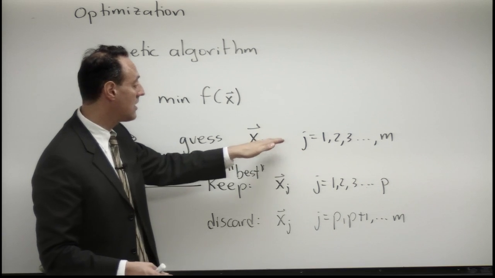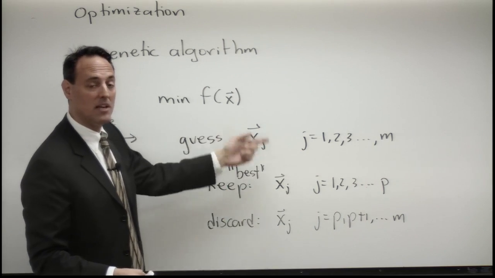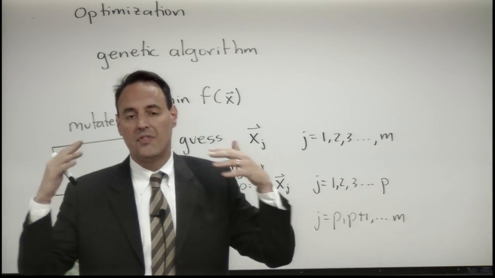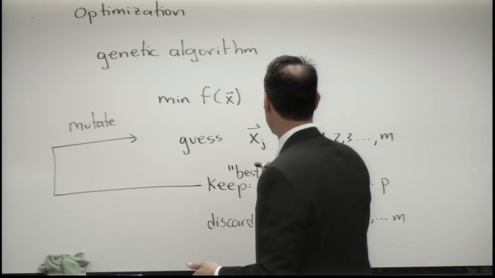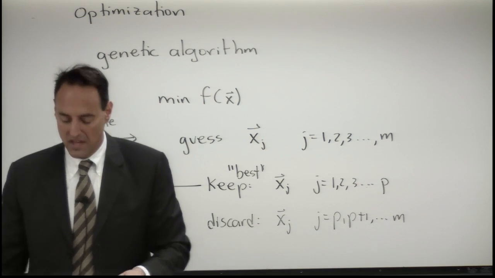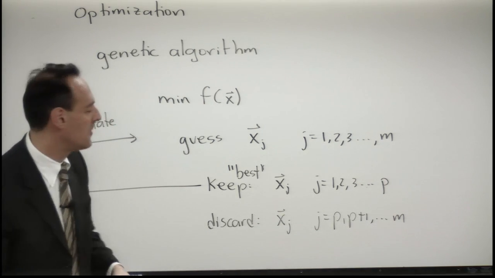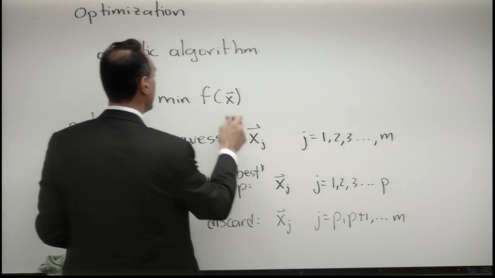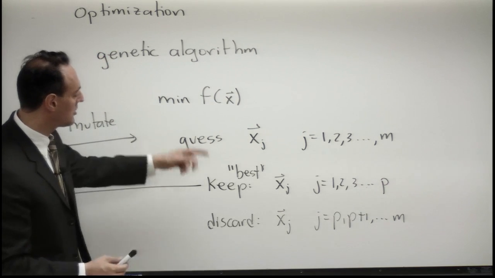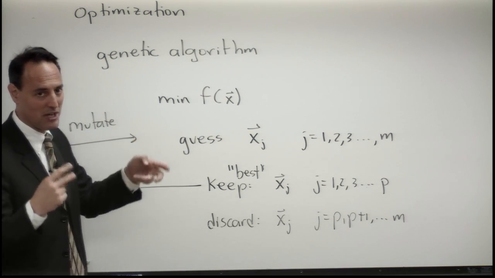And if you retain here, you keep iterating, iterating, iterating. With what hope? With the hope that this thing might converge to some really good solutions. That you'll reach an optimal set of solutions x of j after a bunch of generations. So each time you go through, it's called a generation.